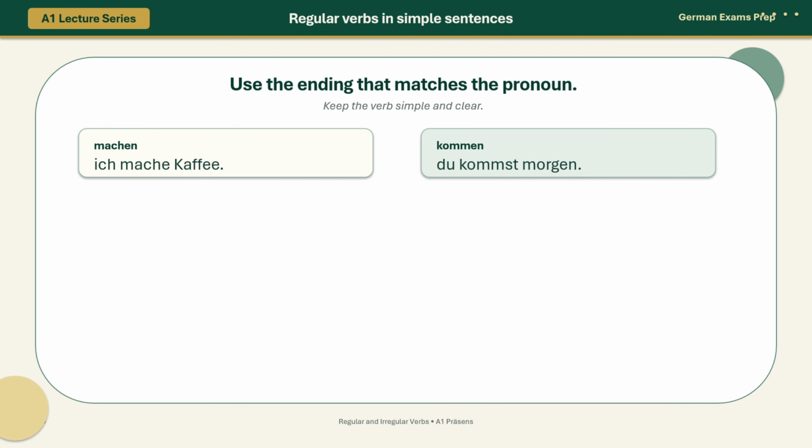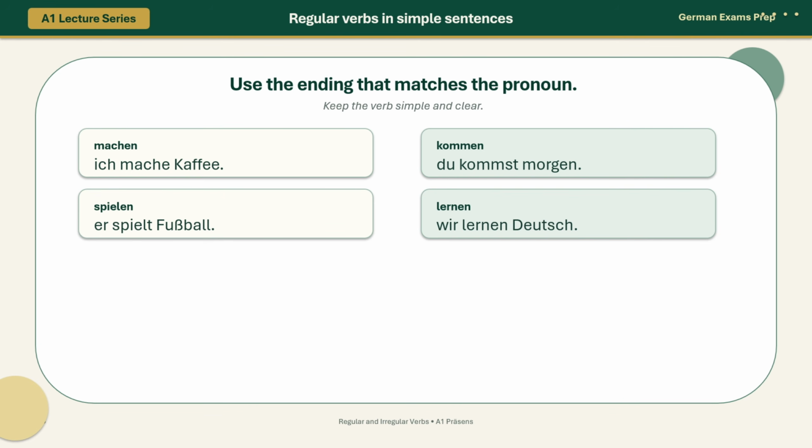Now, du needs st. Du kommst morgen. He plays football, spielt Fußball. Here, er needs t at the end. We are learning German, wir lernen Deutsch. Here, wir needs en at the end.